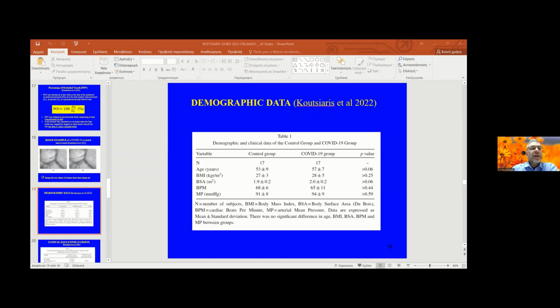hydroxychloroquine affects the fourth step, which has to do with endosome acidification, whereas remdesivir, a very known antiviral drug, affects the eighth and ninth step, which has to do with the RNA-dependent RNA polymerase.